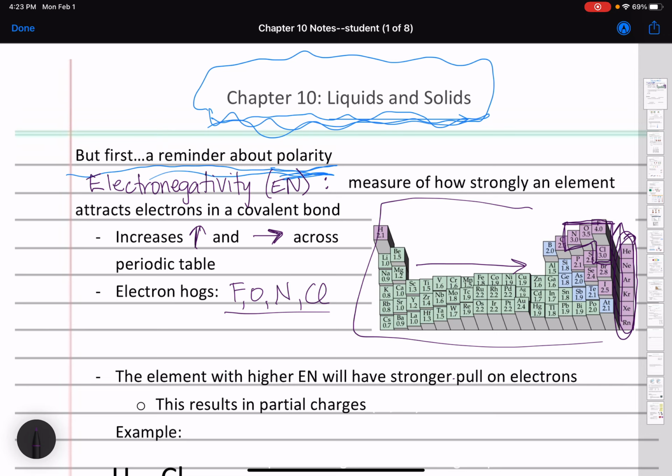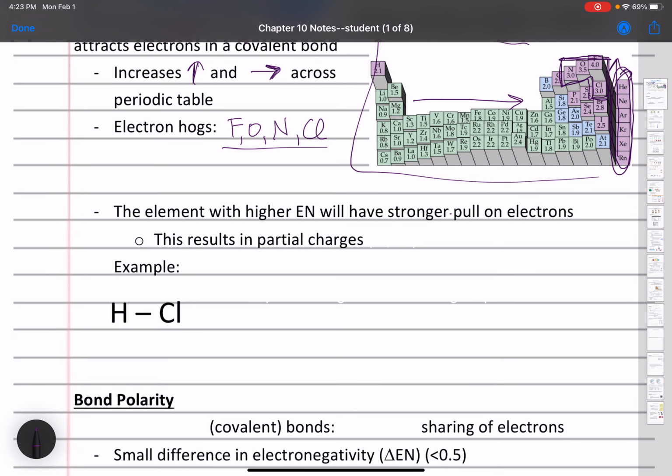So in a covalent bond situation, whatever element has the higher electronegativity will have the stronger pull on electrons, which results in partial charges. And we indicate those with the Greek letter delta, so you can have a partial positive or a partial negative charge.